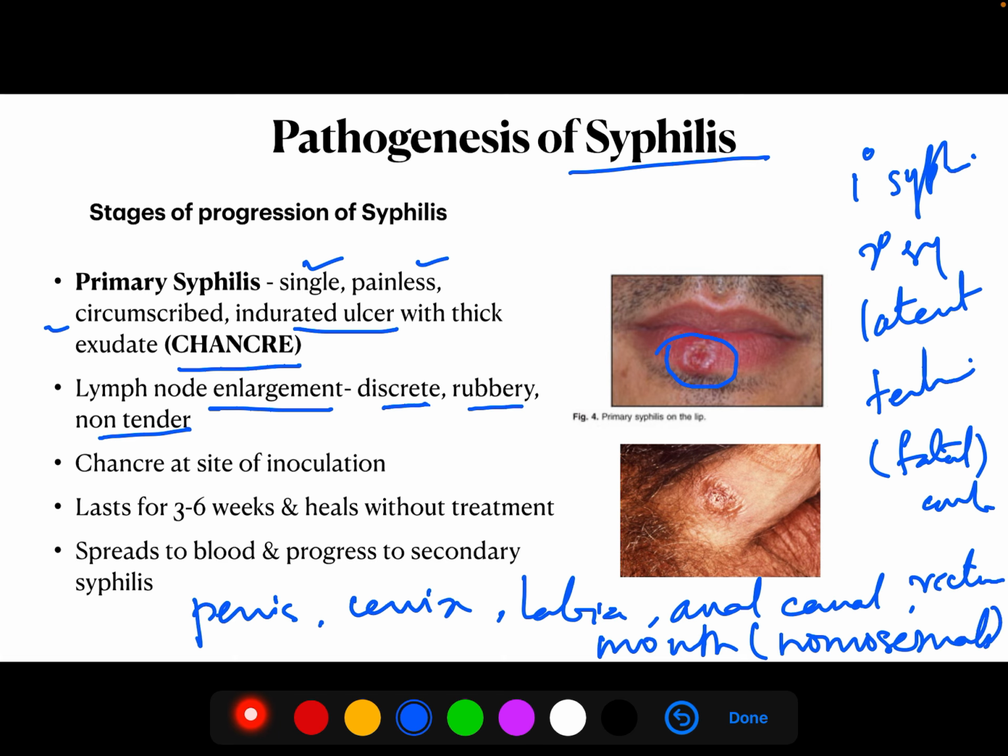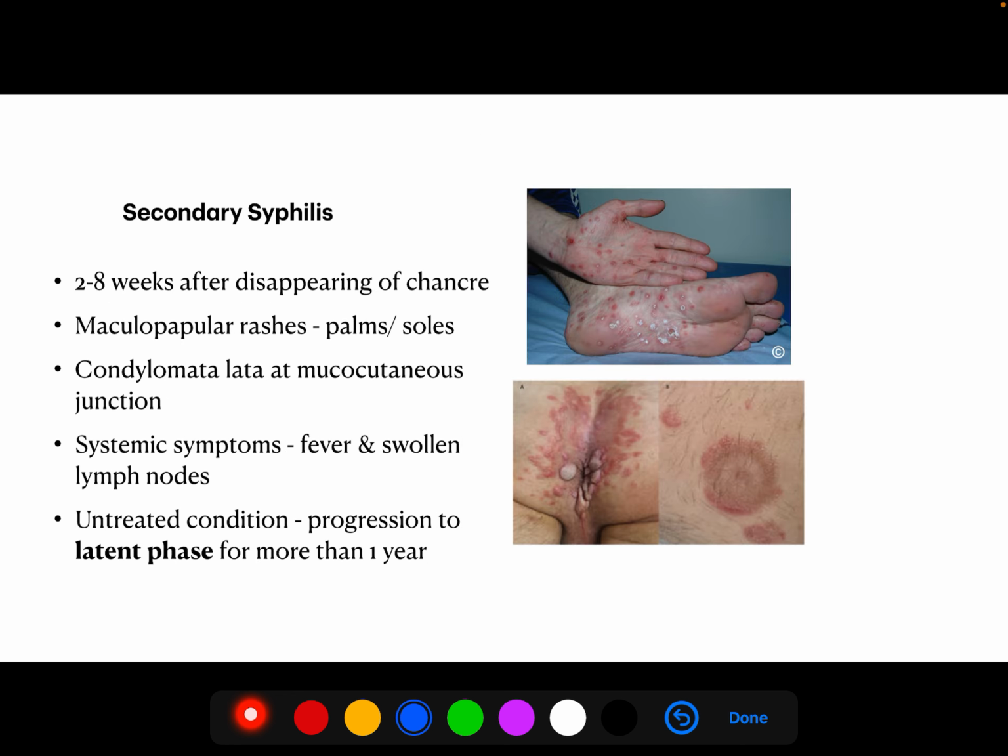This stage lasts for about 3 to 6 weeks and heals without any treatment. Hence, this stage usually goes unnoticed by the patient. From there, the bacteria again spread into the blood and it progresses to secondary syphilis.